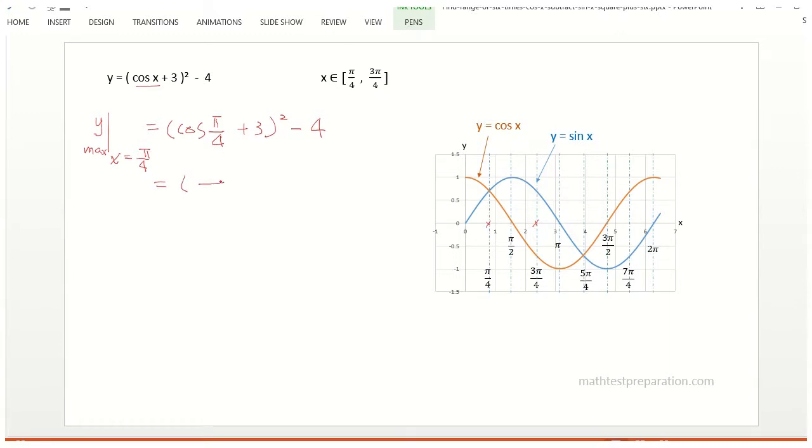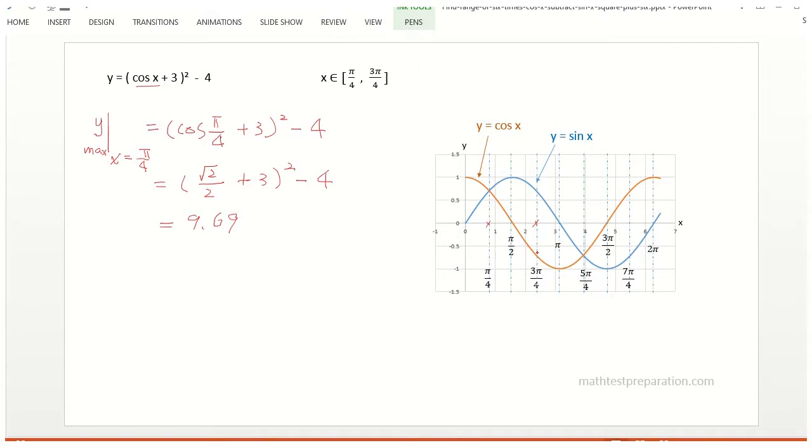Cosine quarter pi is square root 2 divided by 2. Here, plus 3 squared subtract 4. This equals 9.69. This is the maximum value of y.